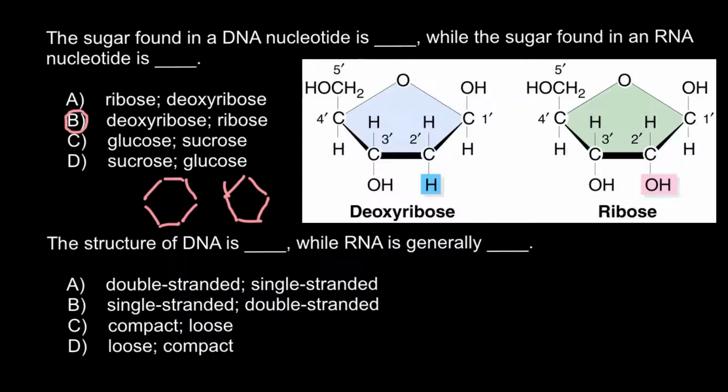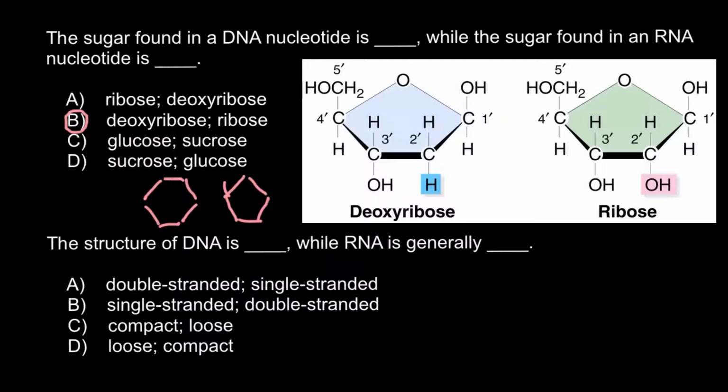This pentose is not essential to be present in food because our bodies can produce this sugar. And according to this picture, as you see, deoxyribose would be a derivative of ribose. And now we can move to the next question.